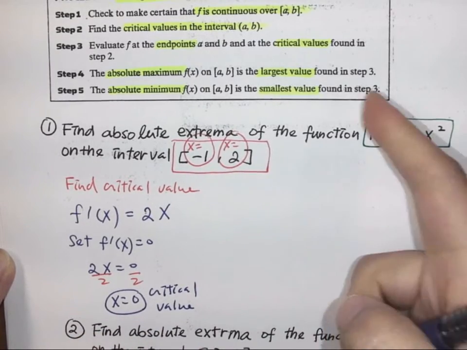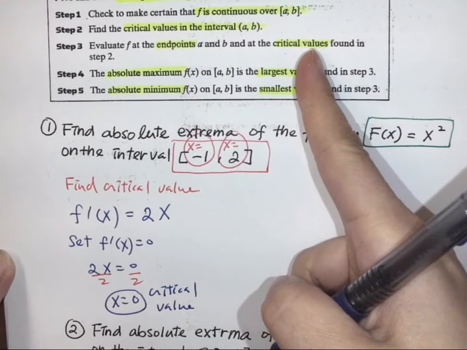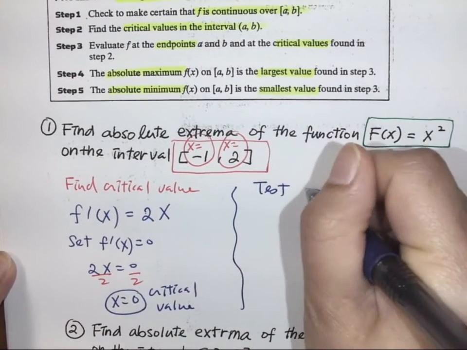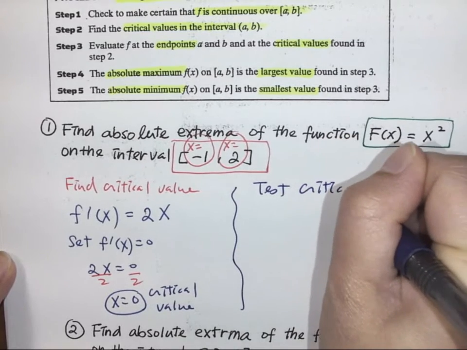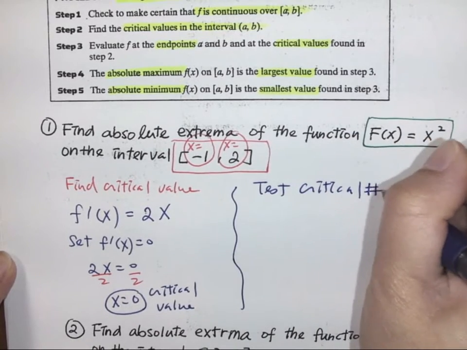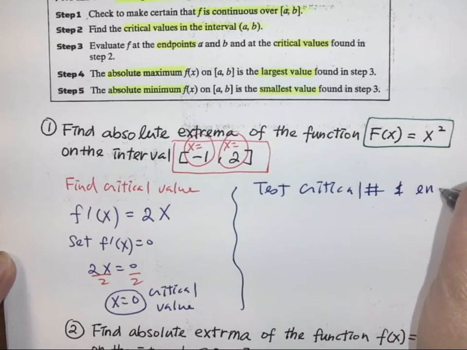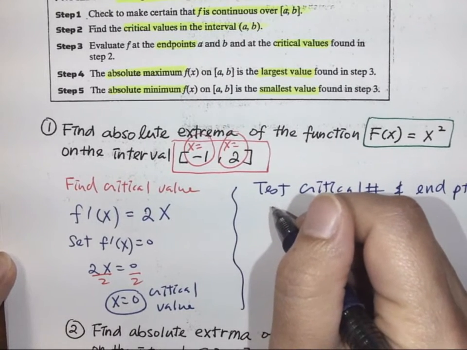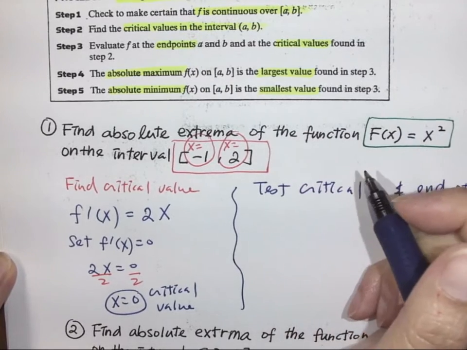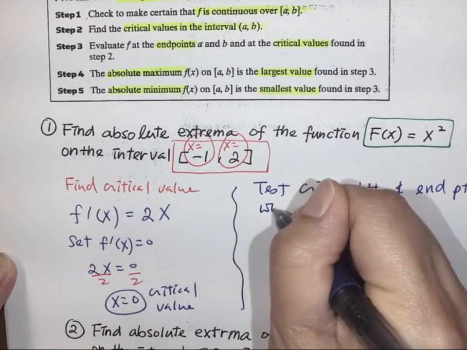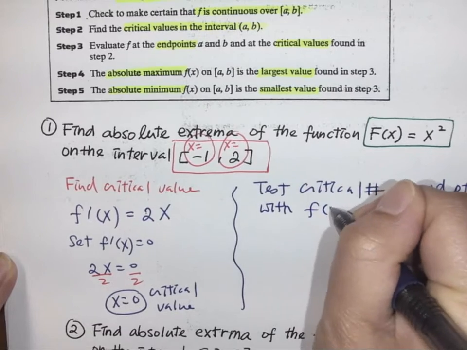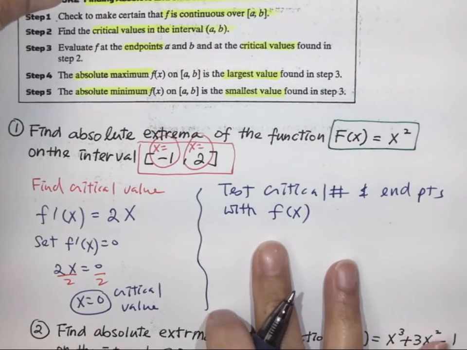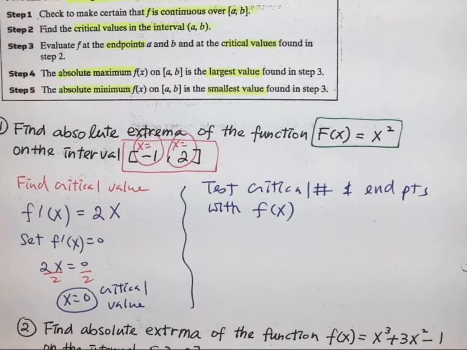And they say you're supposed to test the endpoints along with the critical value, right? So let's do that. Let's test the critical number and the endpoints, and we plug them into the original function. Be very careful with that, because I want to see the y value on the original function.